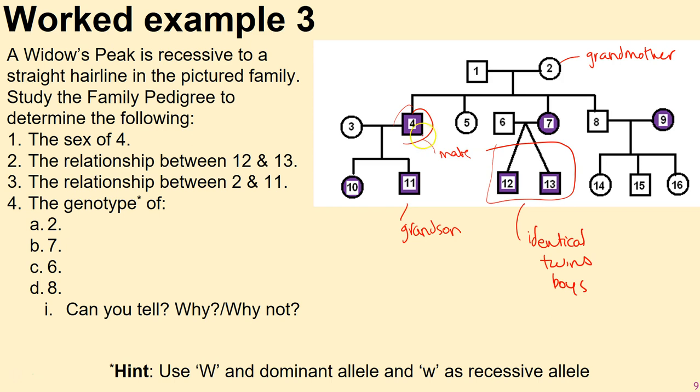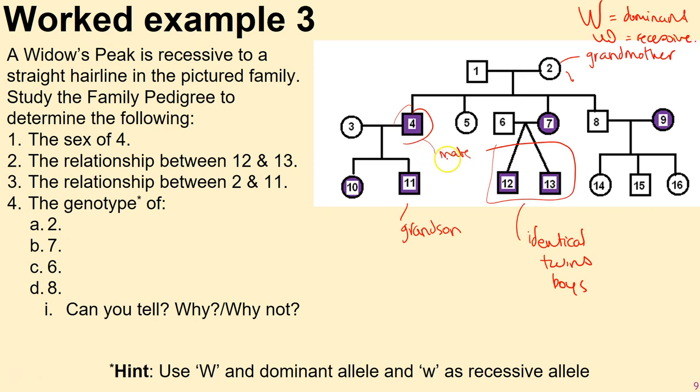So we can see here that this is the affected, it's shaded in. So we know that if this is the case, then the genotype for this one, we'll use big W is equal to dominant, and little w is equal to the recessive trait, so for the widow's peak.